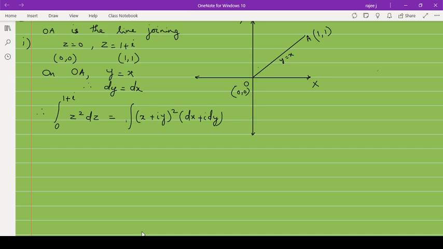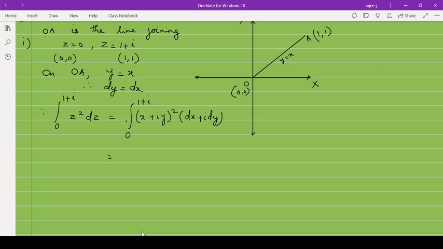Now here both x and y are present, so the limit will be 0 to 1 plus i. If x and y are present, you have to write the limit as 0 to 1 plus i, in terms of complex numbers only.